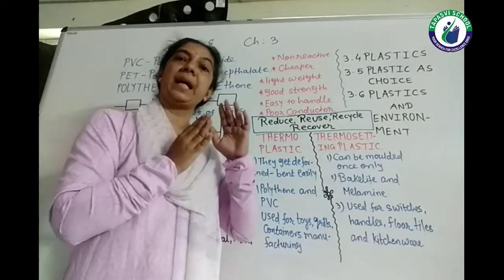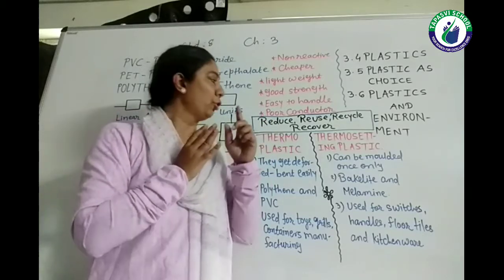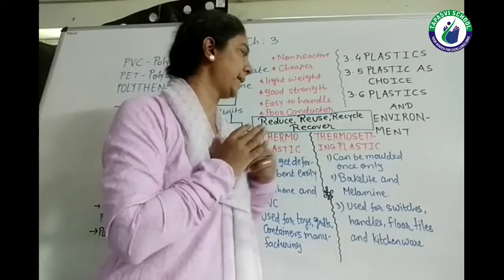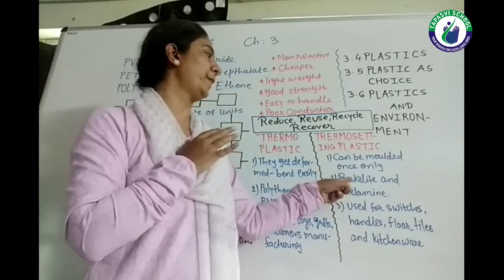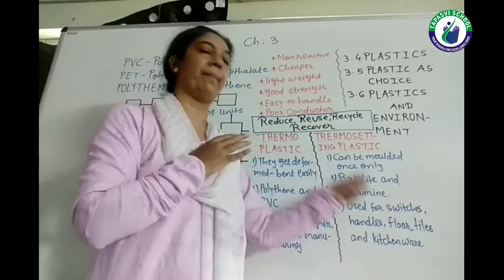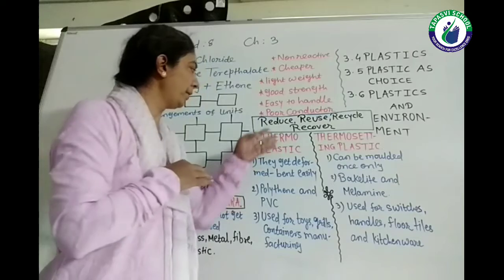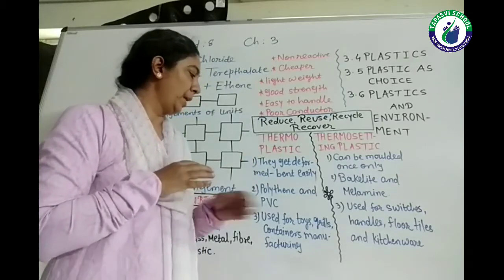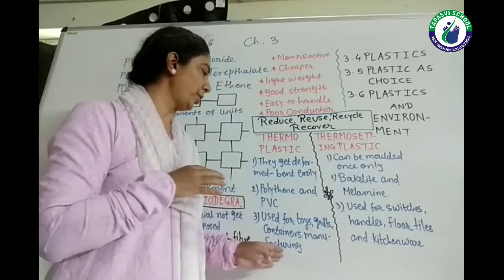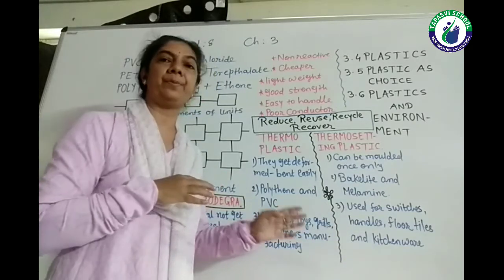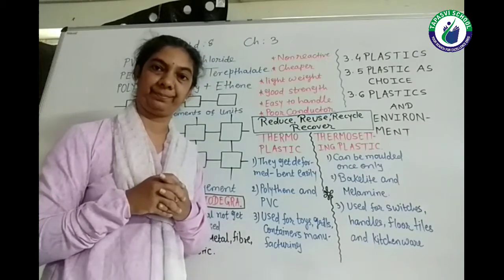In other words, they are hard. So they are known as thermosetting plastic, and the common examples of them are bakelite and melamine. Where thermoplastics are used, they are used for manufacturing toys, plastic grills and different types of containers.